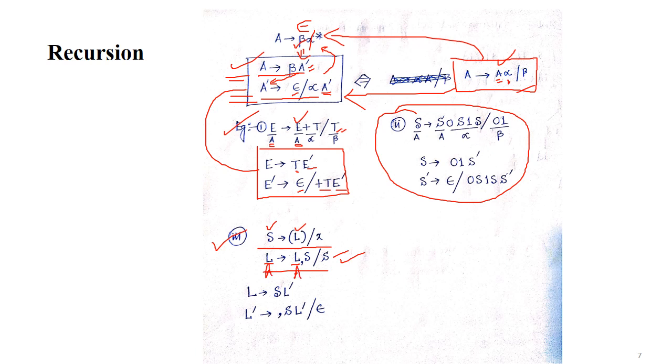A is equal L, and then alpha is your comma S. This is your alpha, and beta is your S. So using again this production, modified productions, I can write L equal to S, which is your beta, then L dash, and L dash alpha is comma S, then L dash, and then I can write epsilon here. So using this modified grammar, we can remove left recursion from our given grammar.